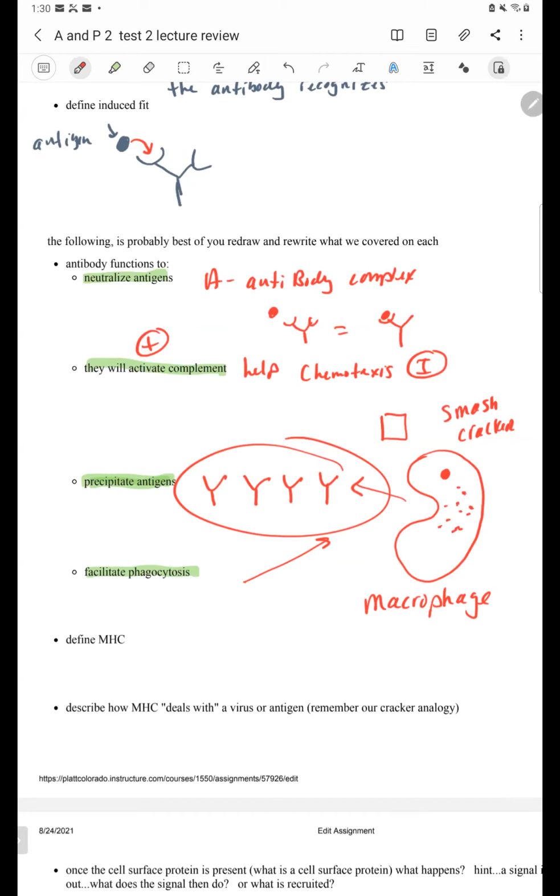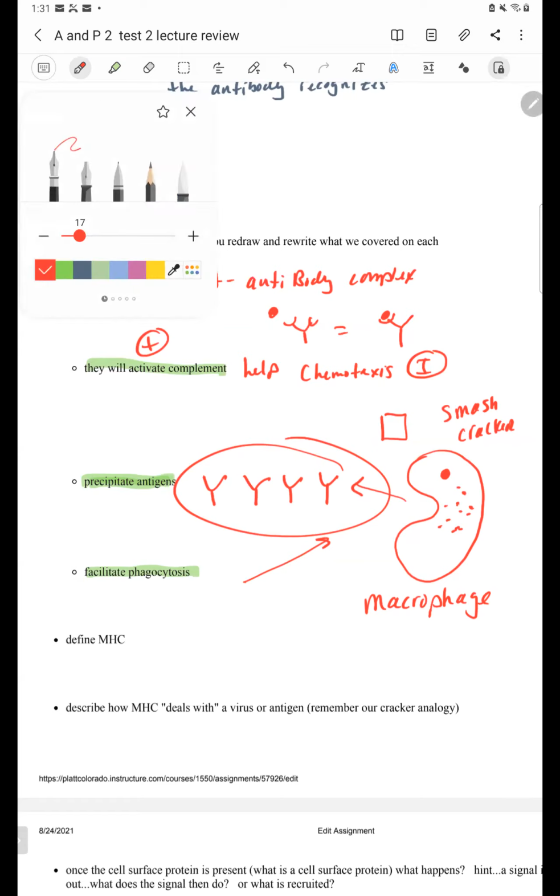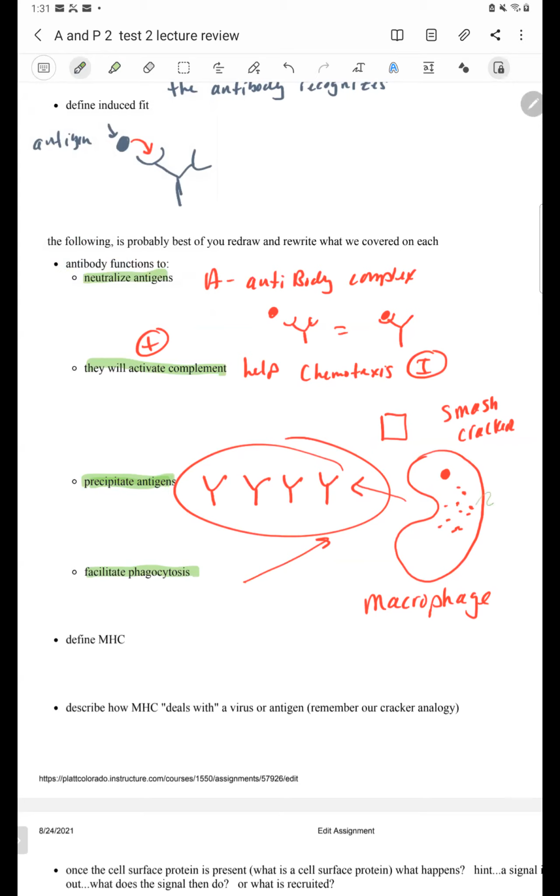So the antigen is phagocytized by lysosomes, so it's degraded, and then a piece of that antigen is carried to the surface. This also activates your major histocompatibility complex and the antigen presenting cell. So the facilitating of phagocytosis destroys the antigen, but also takes a piece of it to the surface.